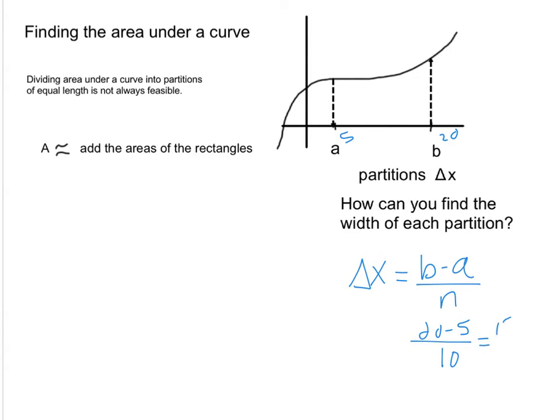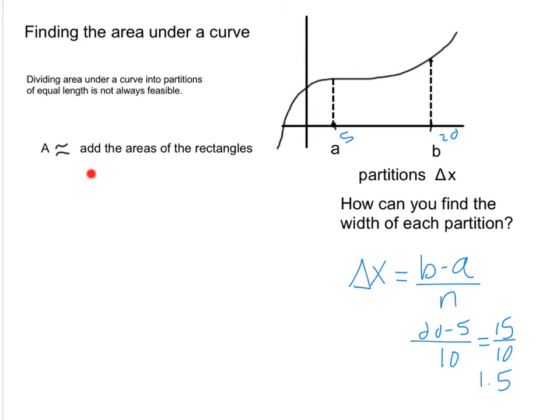So that would be 15 over 10, or each one would be 1.5 wide. And that's just as easy as you could possibly imagine to make those all even, okay? And so finding the area under the curve means dividing the area under the curve into partitions of equal length, even when it's not always feasible, okay?